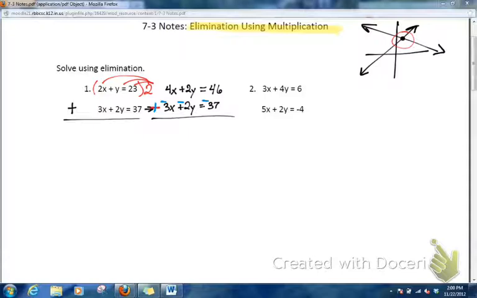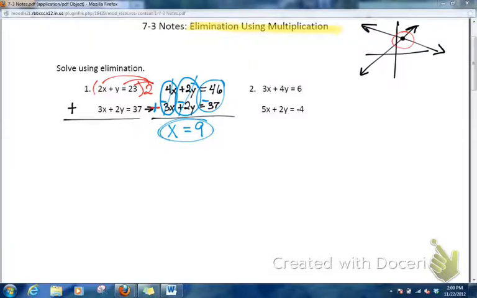Now you have 4x minus 3x, which is just 1x, 2y minus 2y, which is 0, so that just cancels out, and then 46 minus 37, which is 9. So you have x equals positive 9 as your first answer.